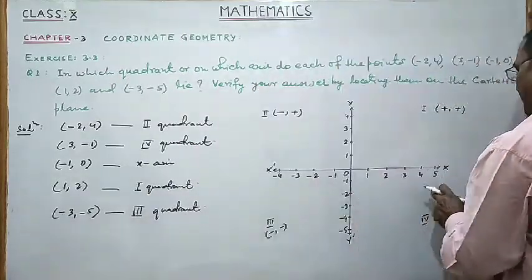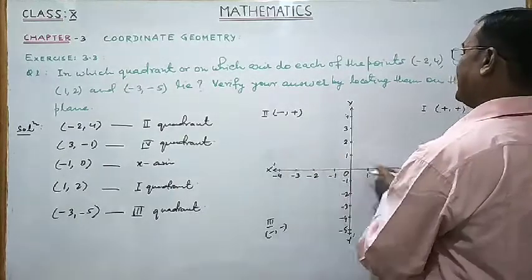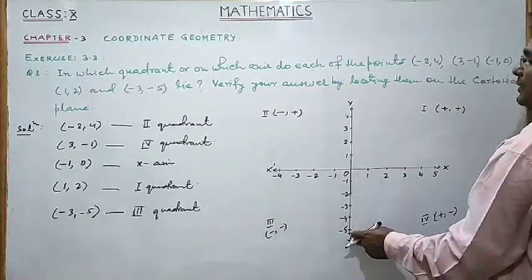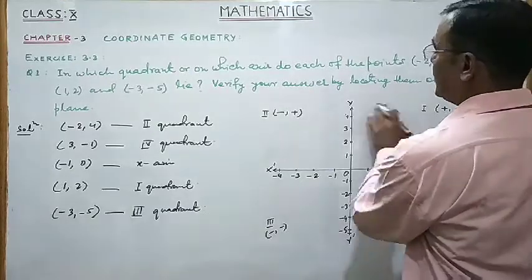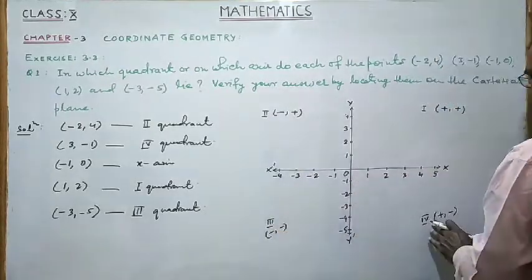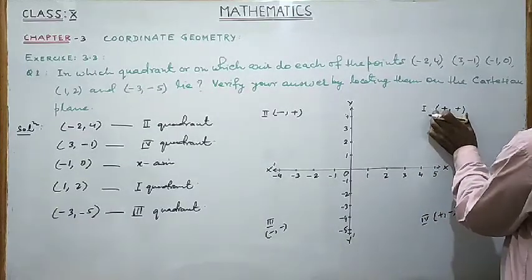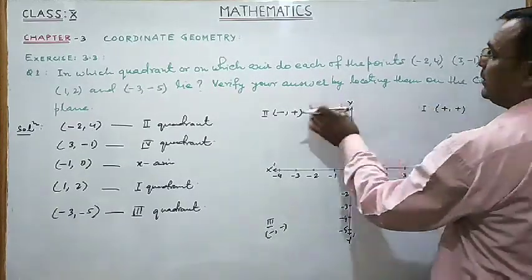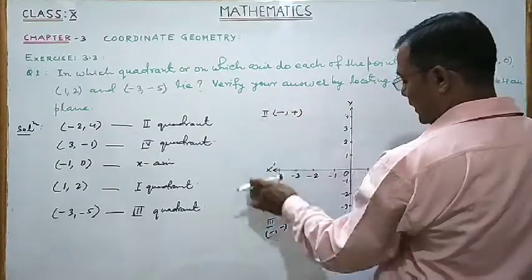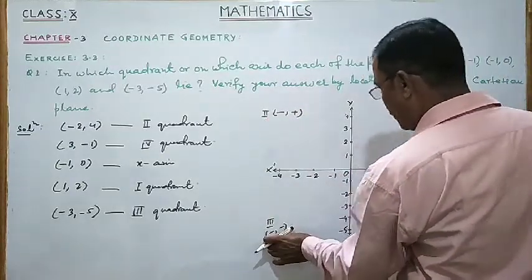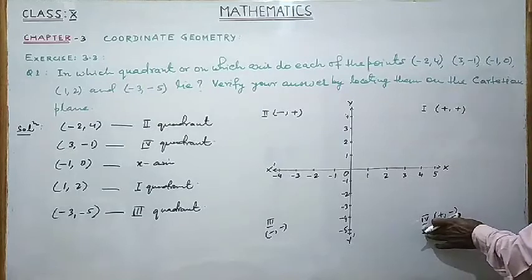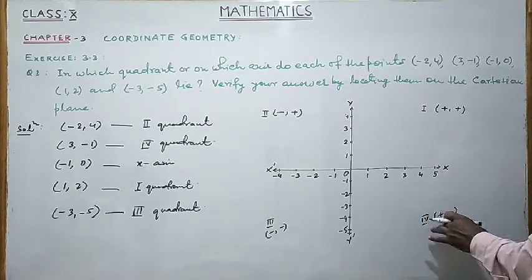Cartesian plane, x dash x axis, y dash y axis, first, second, third and fourth quadrants with their sign convention: plus in first quadrant, minus in second quadrant, minus in third quadrant and plus in fourth quadrant.